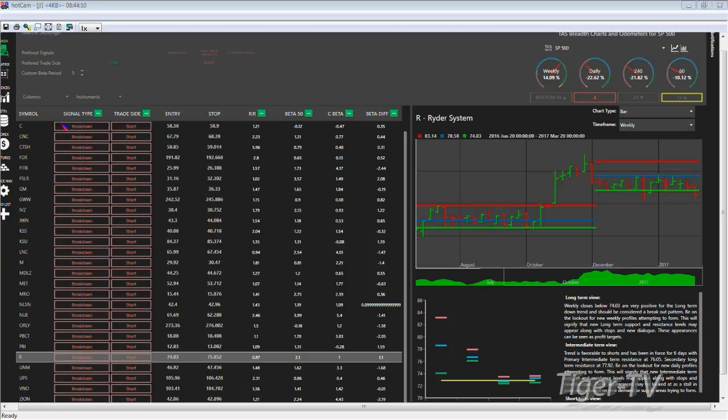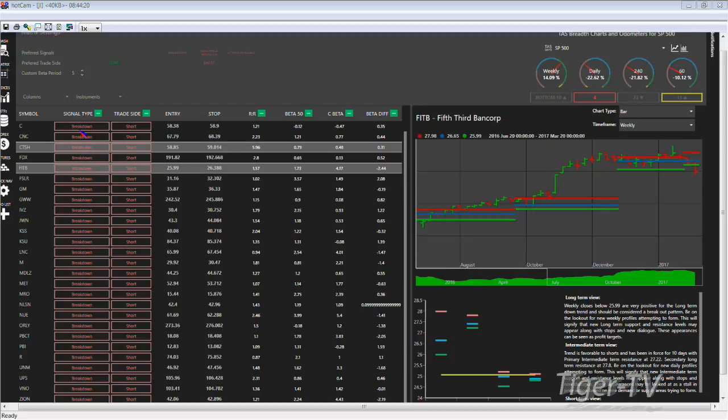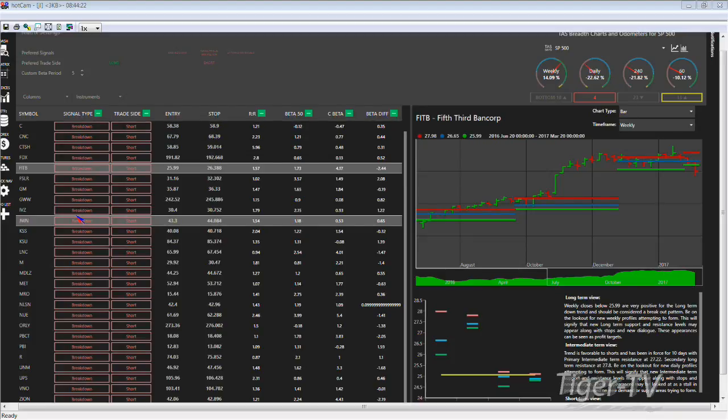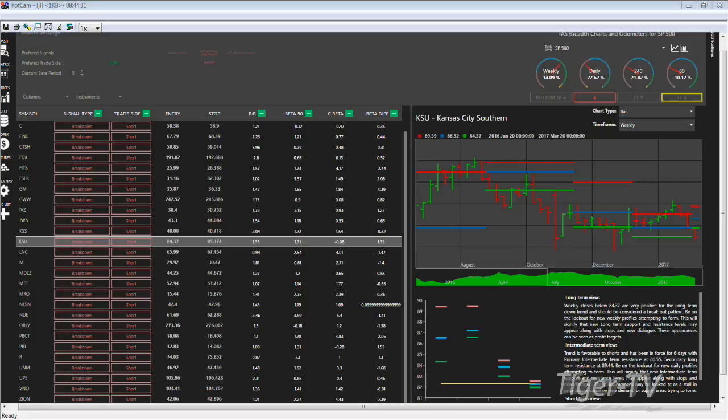We'd looked at FedEx before, both of these on the breakdown scene. There's a bank that's breaking down below technicals there. KSU, Kansas State. Just kidding. Let's take a look at a couple other things we need to look at.